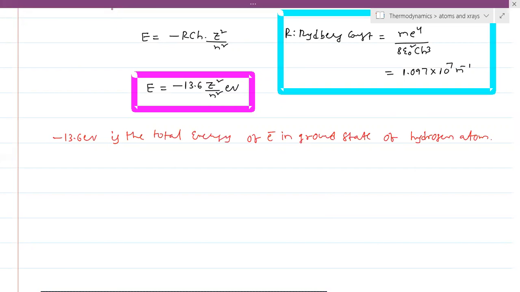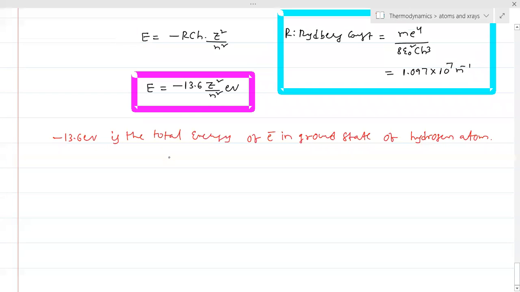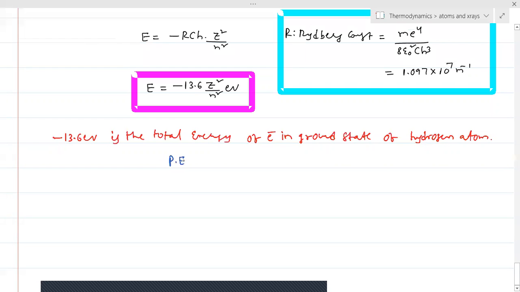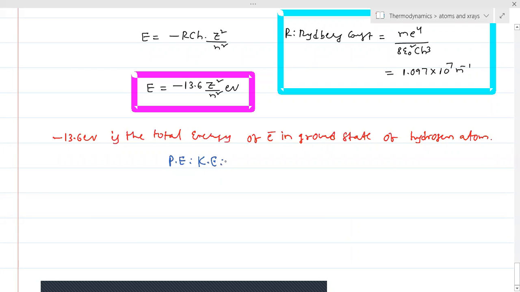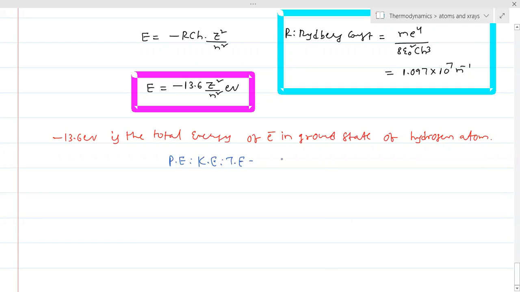So finally, this relation is important. Potential energy to kinetic energy to total energy is equal to minus 2 is to 1 is to minus 1.